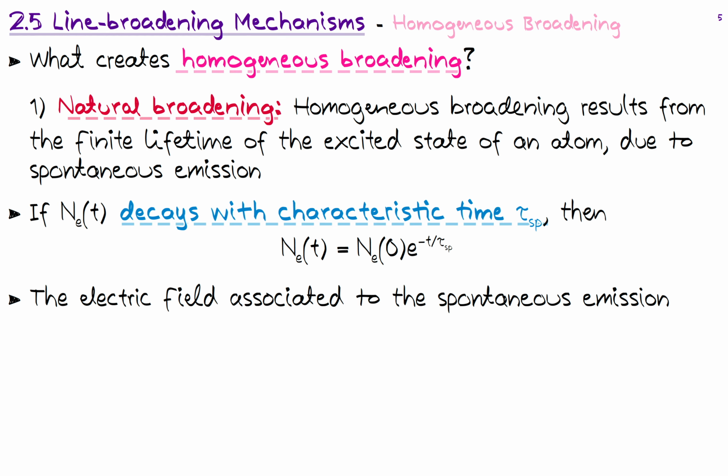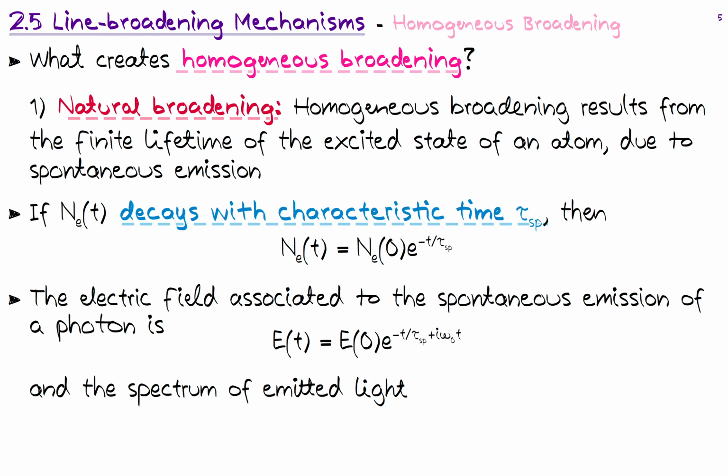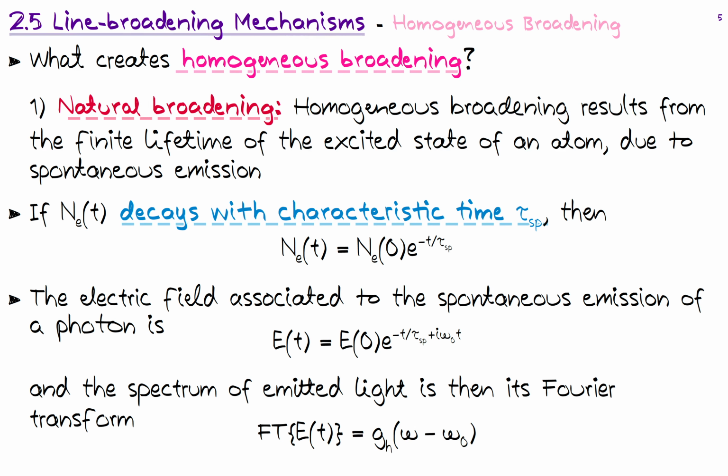Now, the optical field associated with the spontaneous emission of a photon is of the form E(t), the original field value, times this spontaneous decay, and then oscillation at the frequency omega naught. Subsequently, we can calculate the spectrum of this emitted light distribution. That's essentially a Fourier transformation of this, and this is our means of calculating the homogeneous line broadening due to natural broadening.